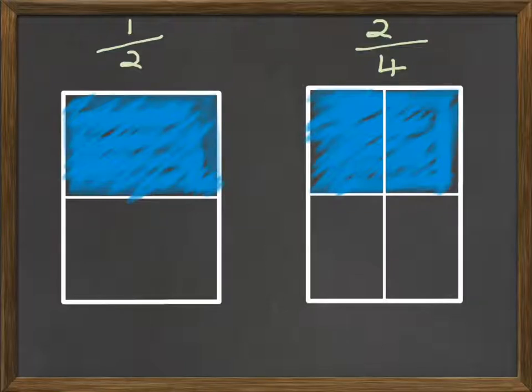If we had a bar of chocolate, the same size, split up into four pieces, and two people came along and shared a quarter each, they've eaten 2/4, and 2/4 is exactly the same as half of the bar of chocolate. So although they're different fractions, a half and 2/4 are equivalent. They're actually the same. That's what I mean when I'm talking about equivalent fractions.